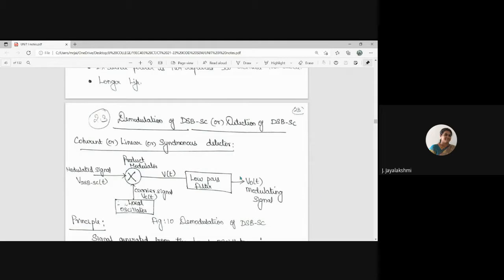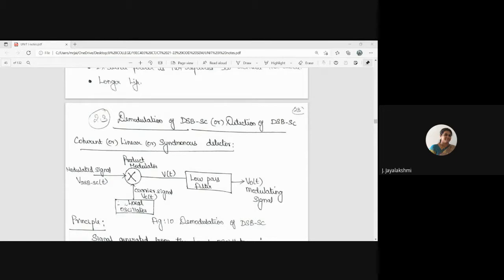That is going to be the demodulated signal. This is the modulated signal we receive. Pass it on to a product modulator where it is multiplied with the locally generated carrier signal. Then pass it on to the low pass filter so that it produces the modulating signal at the output.